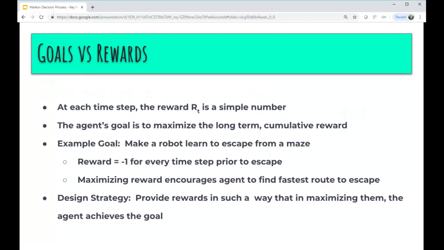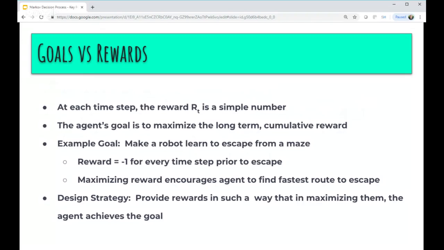So that would encourage the agent to maximize the return by finding the fastest route out of the maze. And if it found its way out of the maze in 10 steps, it would find a score of -10. Whereas if it took 20 steps, it would find a score of -20, and would find that the better return for that overall process, or that overall episode, was the one that only took 10 steps.